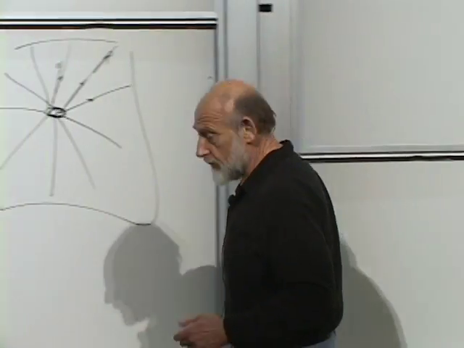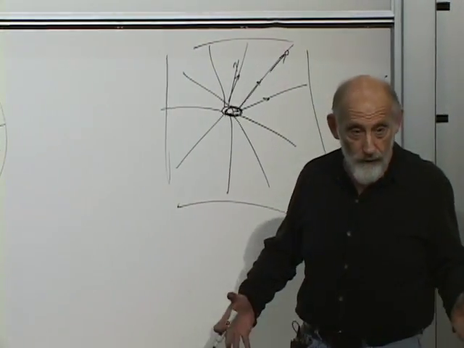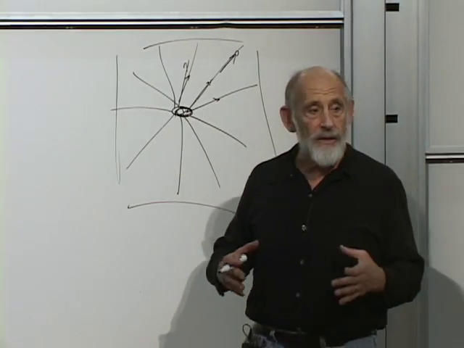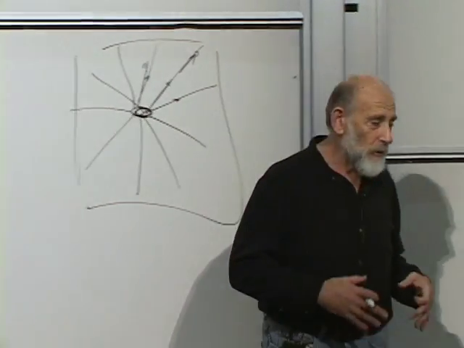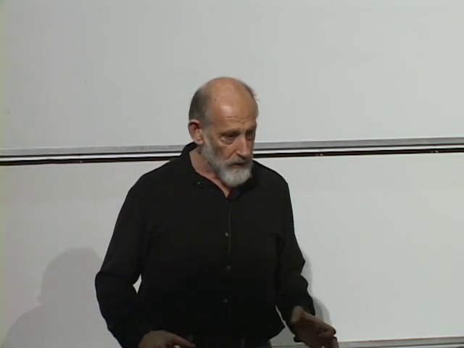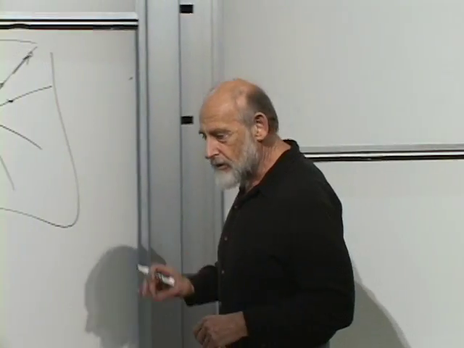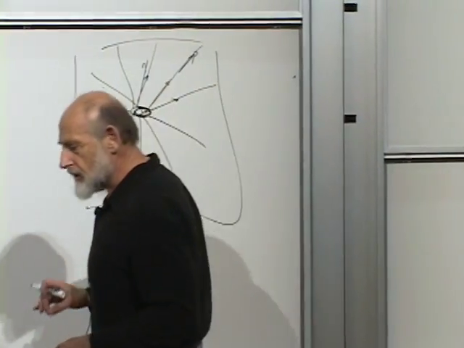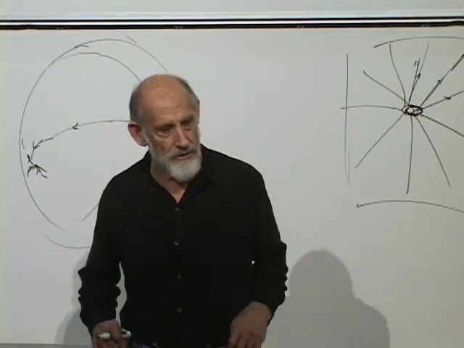The number of photons in the universe is somewhere between 10 to the 9th and 10 to the 10th times bigger than the number of either electrons or protons. So for every electron and proton in the universe today, there are something like 10 to the 10 photons.